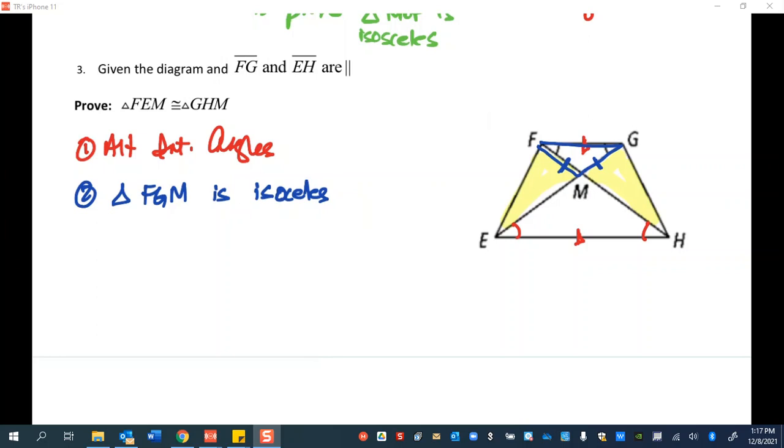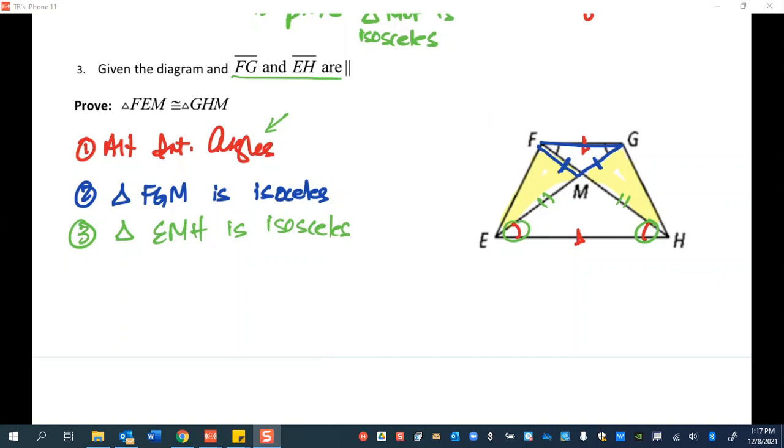Talk to me about triangle EMH. What's that? That's also isosceles, thanks to these angles. And I got those angles by alternating interior angles because the lines are parallel.